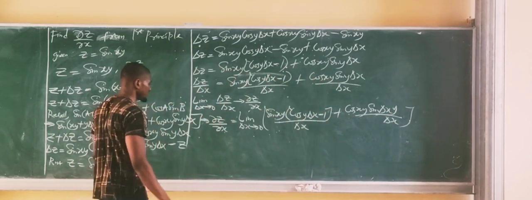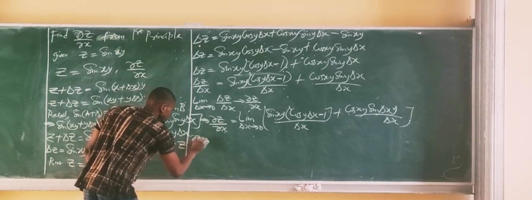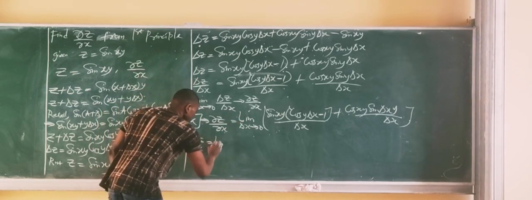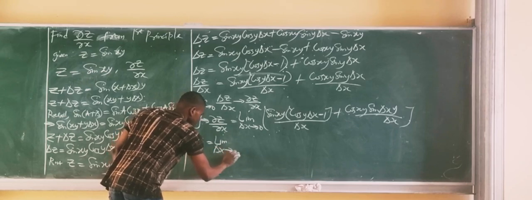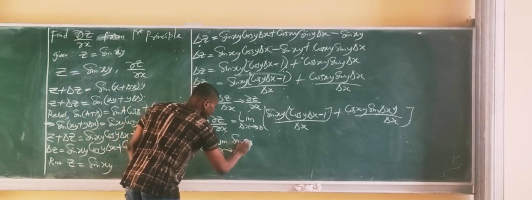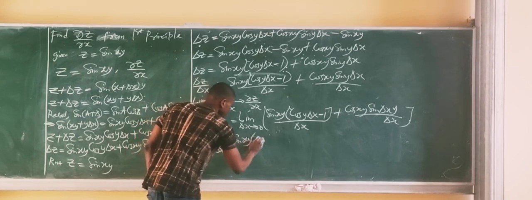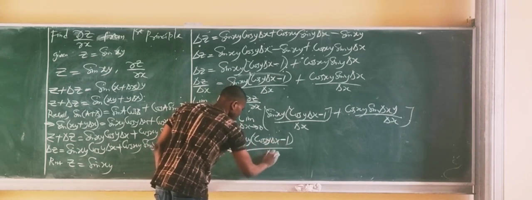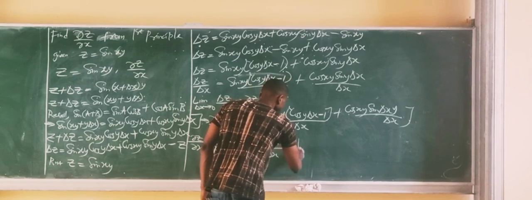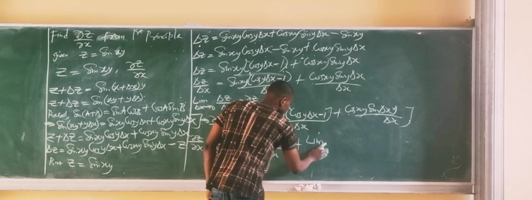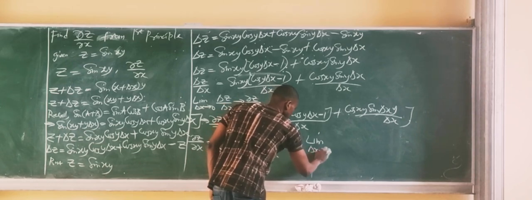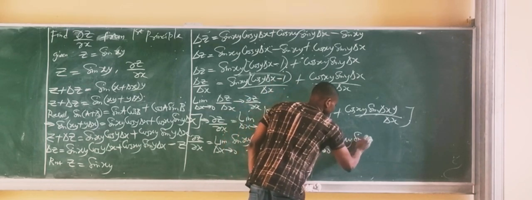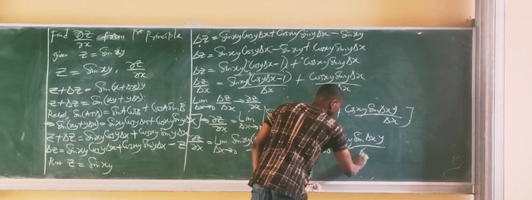If we break this limit individually, we expand with the limits: limit as change in x tends to 0 of sine xy into (cos (y change in x) minus 1) all over change in x, plus limit as change in x tends to 0 of cos xy sine (y change in x) all over change in x.